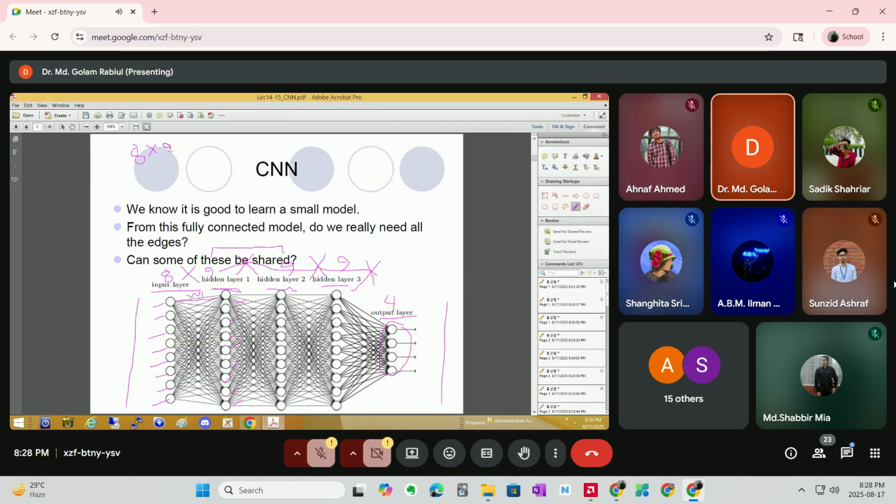Okay. So specifically, the first connections are 8 times 9, so the total is 72. Then plus 9 times 9, so this is 81, plus again for hidden layer 2 and hidden layer 3, 9 times 9, plus the last hidden layer to output layer connections, which are 9 times 4.